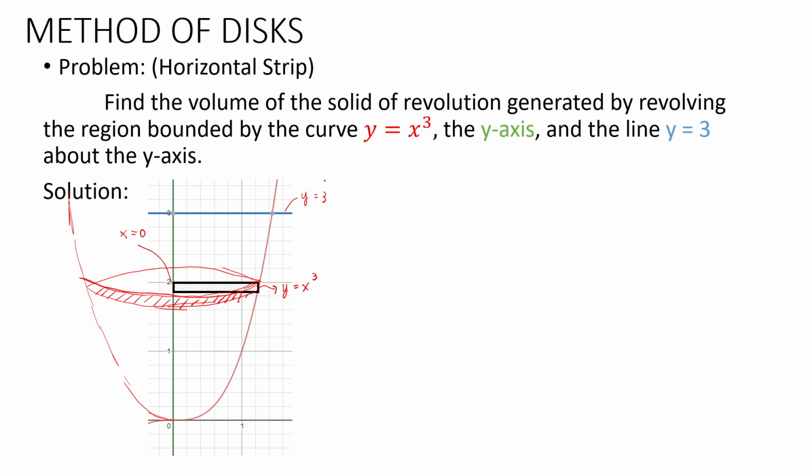By formula again, for the horizontal disk, that would be pi, integral from y1 to y2 of x right squared dy. Then just directly replace it. From 0 to 3, and x right, since y equals x cubed, in terms of y is the cube root of y.